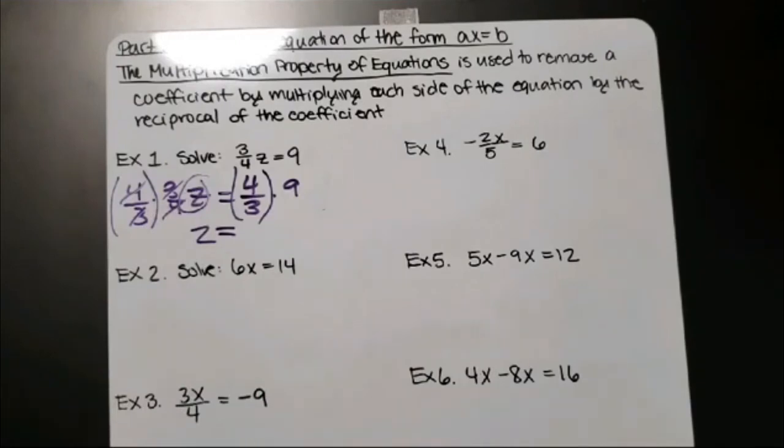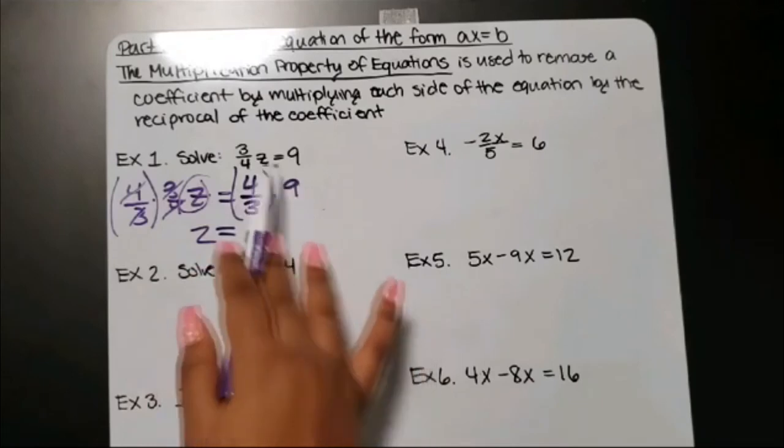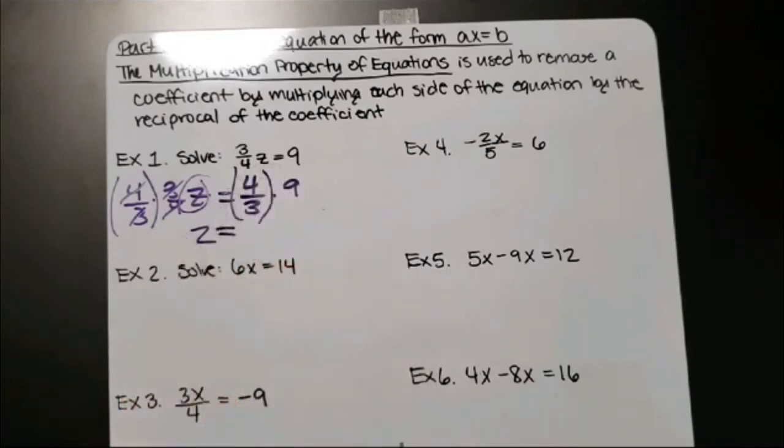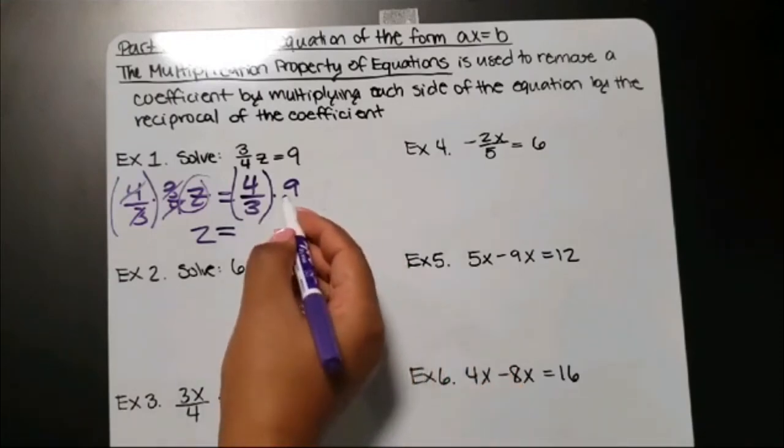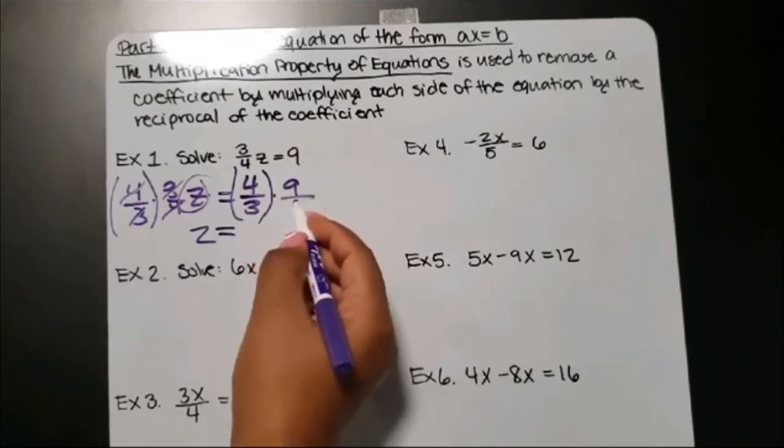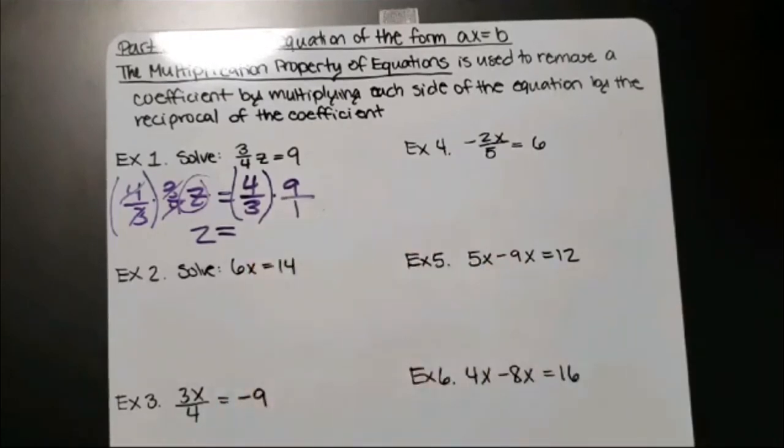Okay? So now over here we can multiply straight across, or we can cross out because we know that we're multiplying straight across. So this 9 is just over a 1.